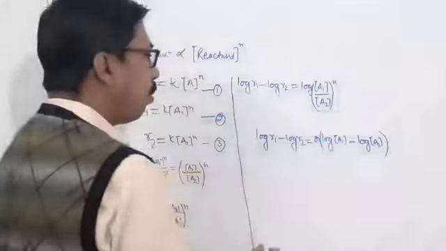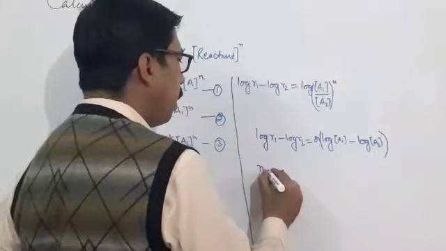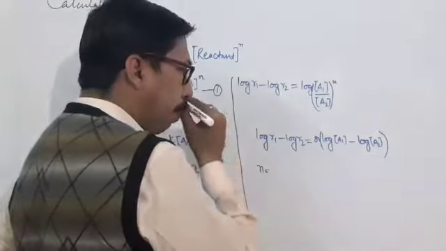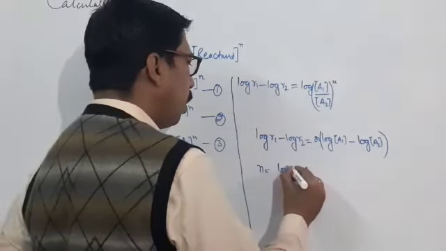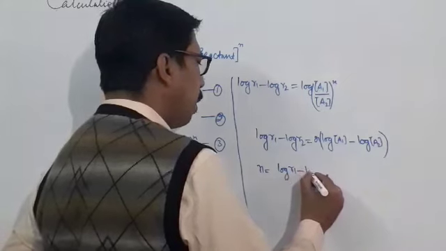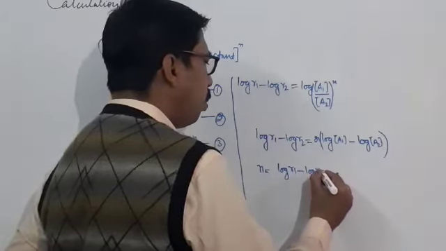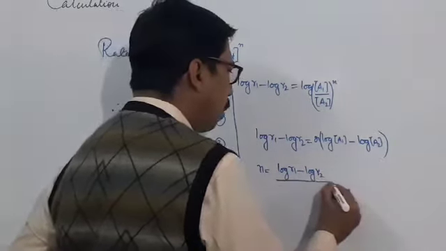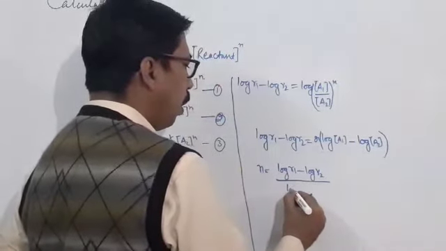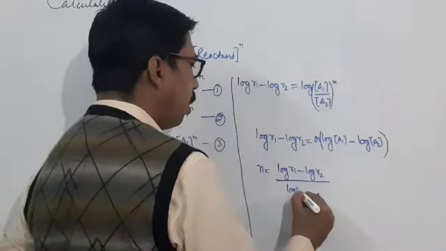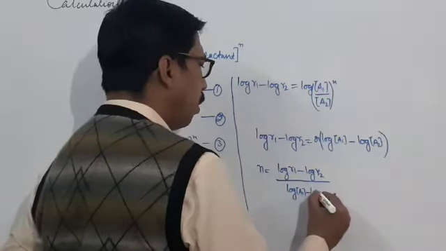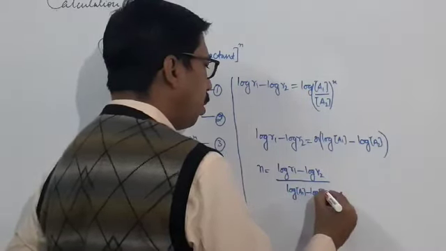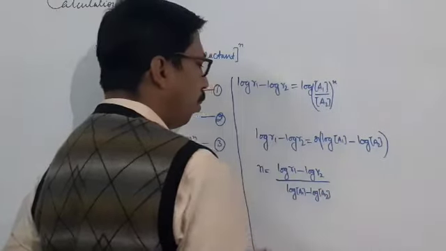Now we can easily find out the value of n. n becomes log R1 minus log R2 divided by log concentration of A1 minus log concentration of A2.